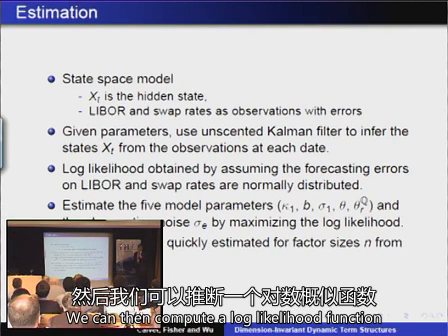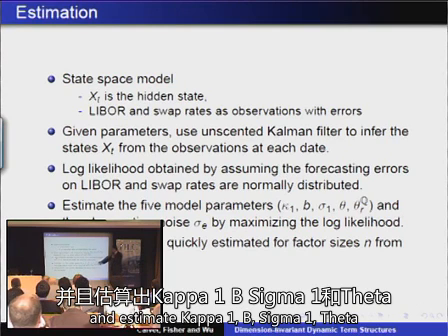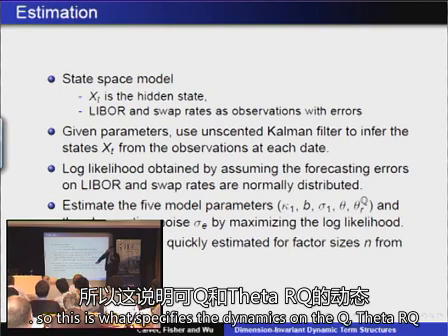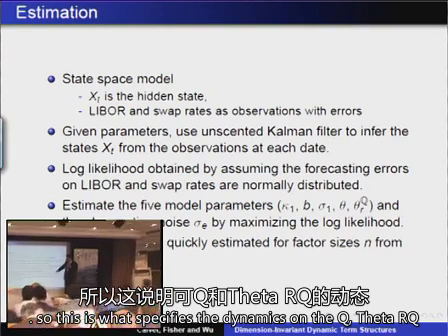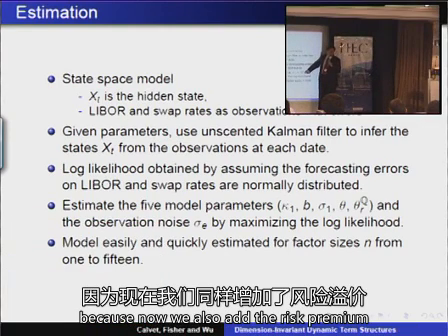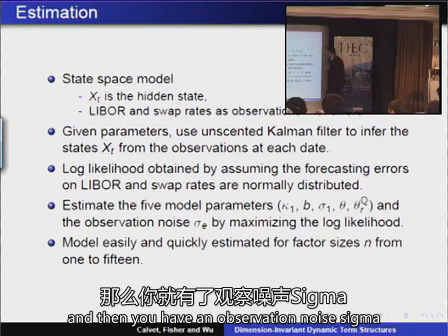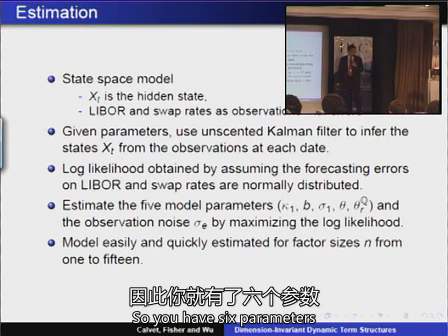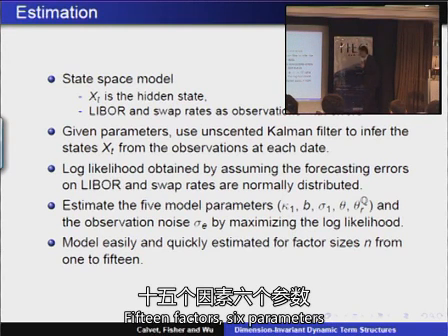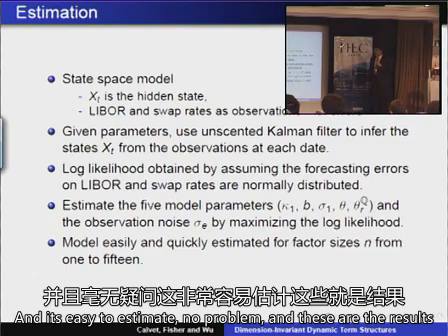We can then compute the log likelihood function and estimate kappa 1, b, sigma 1, theta. So this is what specifies the dynamics under Q. Theta R Q, because now we also add the risk premium, is supposed to be the same for all factors. And then you have an observation noise sigma. So you have 6 parameters. 15 factors, 6 parameters, and that's easy to estimate, no problem.